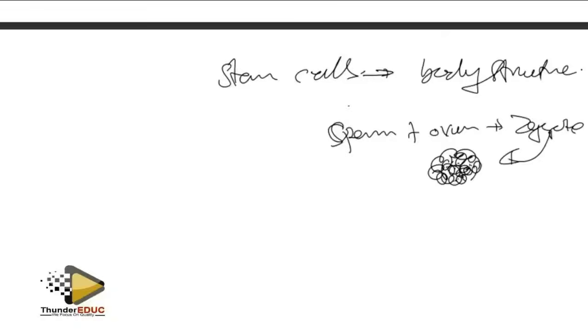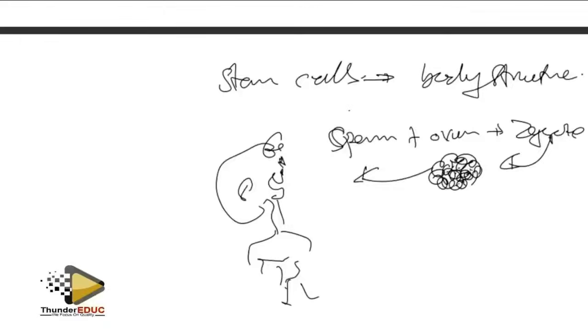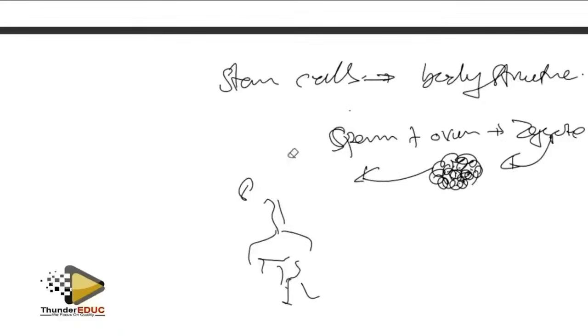These cells have the ability to divide again to form other body structures. Then you have the eyes, the ears, everything. So we call them stem cells. Those are cells which have the ability to divide to form other body structures.